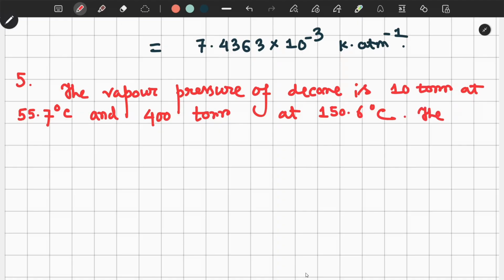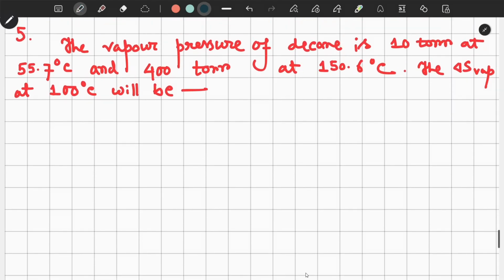The delta S of vaporization at 100 degrees centigrade will be. Good question. It's not very straightforward.